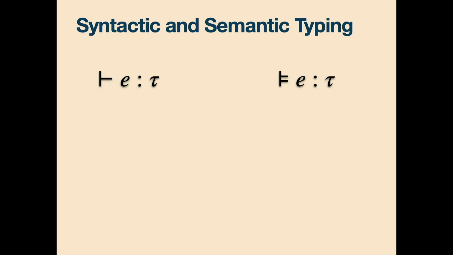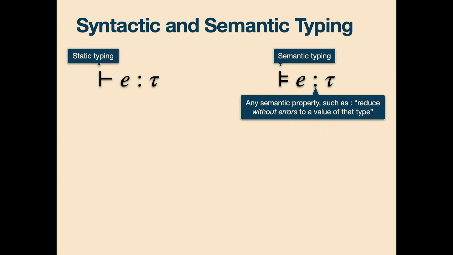To start, I want to give some context. I want to differentiate these two notions: syntactic typing, which we are accustomed to. We are used to it. We have static typing that uses this symbol here, and we also have this notion of semantic typing that uses this model symbol right here, where semantic typing means whatever semantic property we might want to hold.